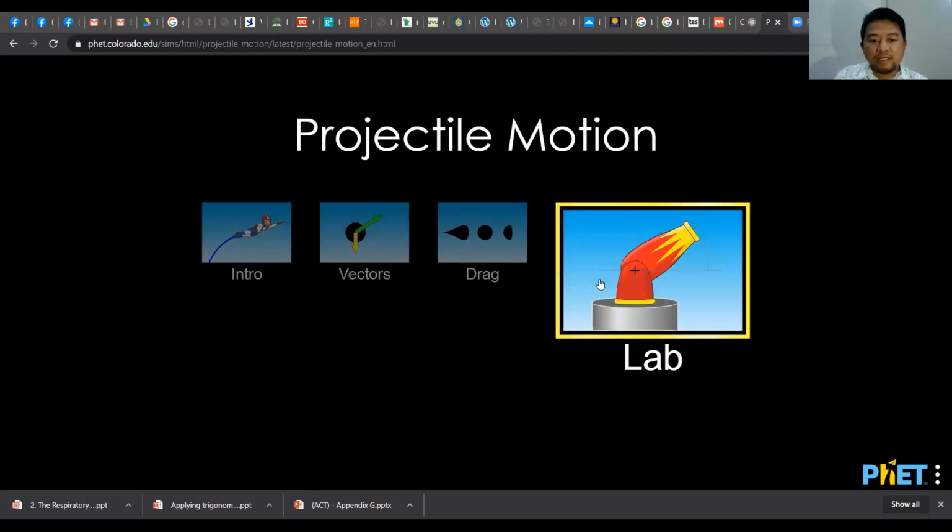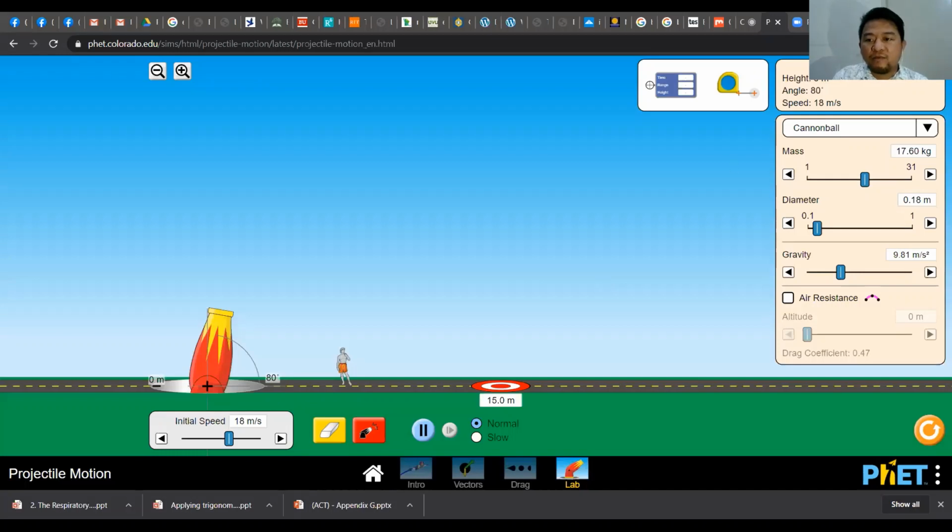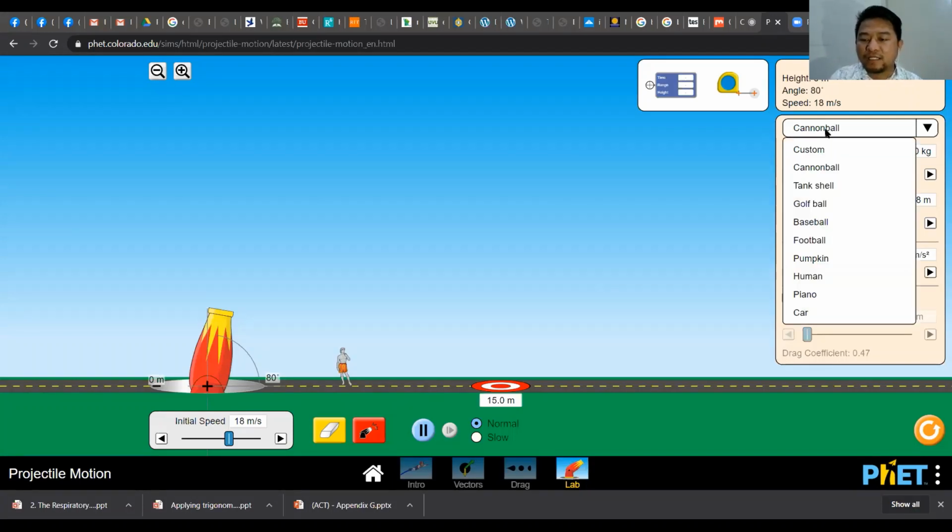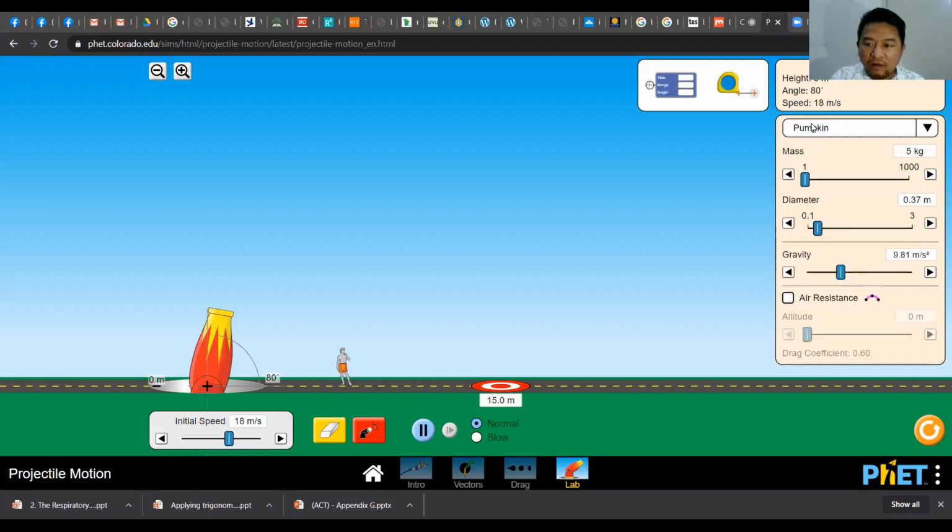Say here is a laboratory activity. Some of the factors that you can consider in this particular simulation are as follows. You can change the object or the projectile that you can throw, say a pumpkin, or initially that's a cannonball. And then the mass can be varied.